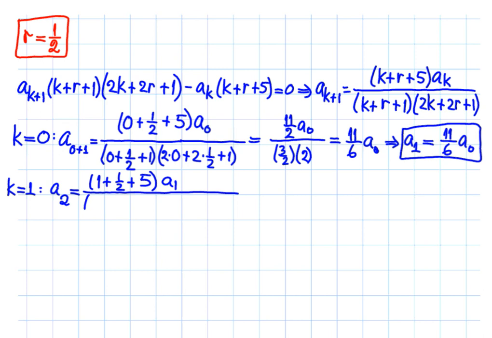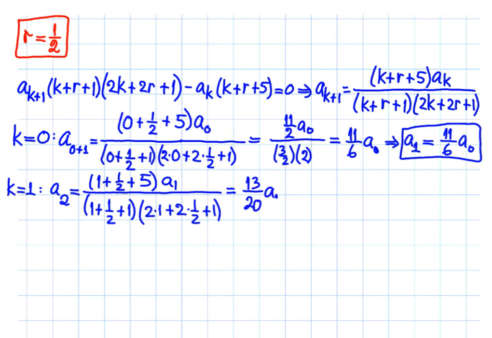And then the bottom, k is 1, r is 1/2. Right? Let's do the math here. We should have 13 over 20 a1.